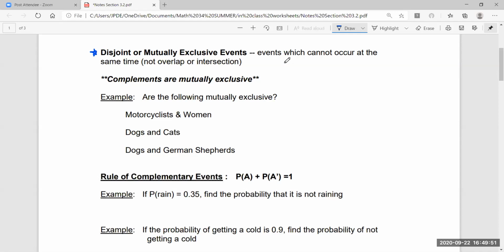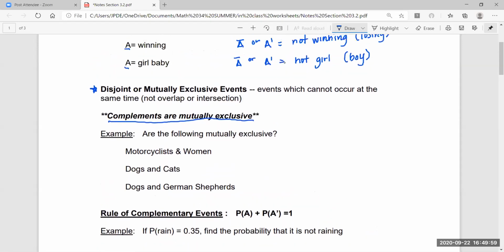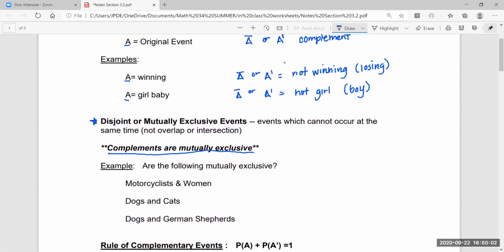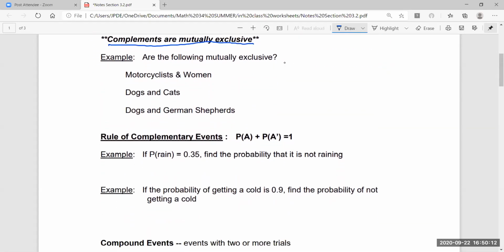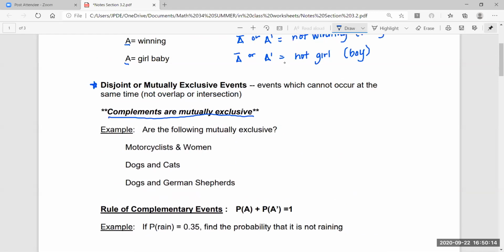They do not have any intersection. And the thing you want to notice here is that complements are mutually exclusive. That means you can't have winning and not winning happen at the same time. And you can't have a girl baby and a boy baby happening at the same time. I know sometimes people can debate that a little bit, but you have one or the other.